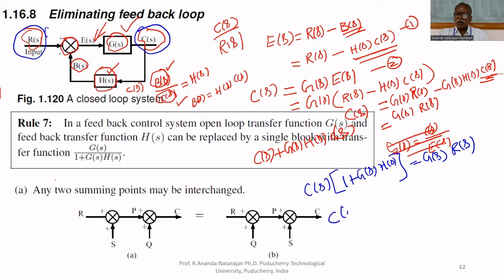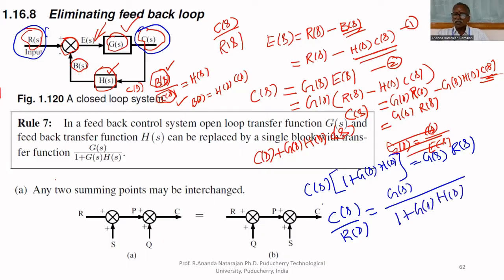We need C(s) upon R(s), the Laplace transform of output by Laplace transform of input. That equals G(s) on the right hand side, and 1 plus G(s)H(s) on the left, which we bring to the denominator.